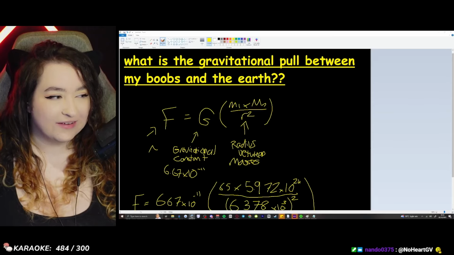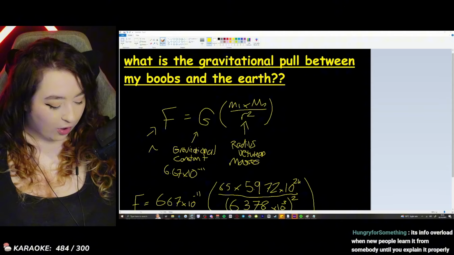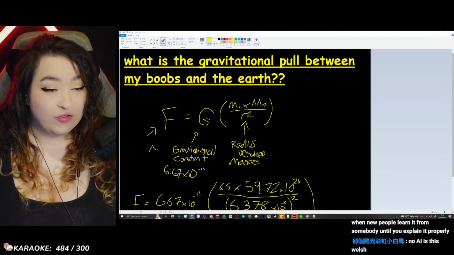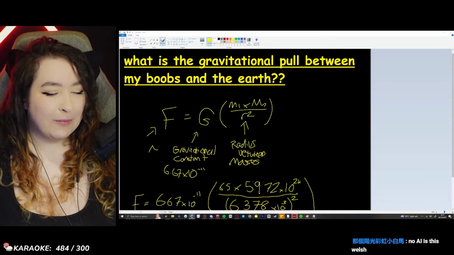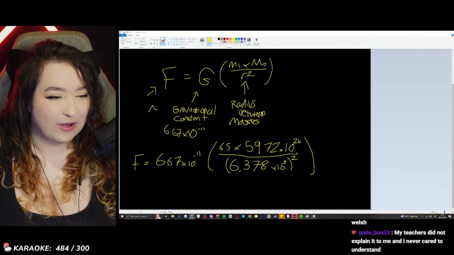It would literally be nothing. Bro, the r squared between one boob to the other is so negligible. But the boobs to the earth, that has a real force. But to each other, that's nothing. It would literally be the smallest number ever.